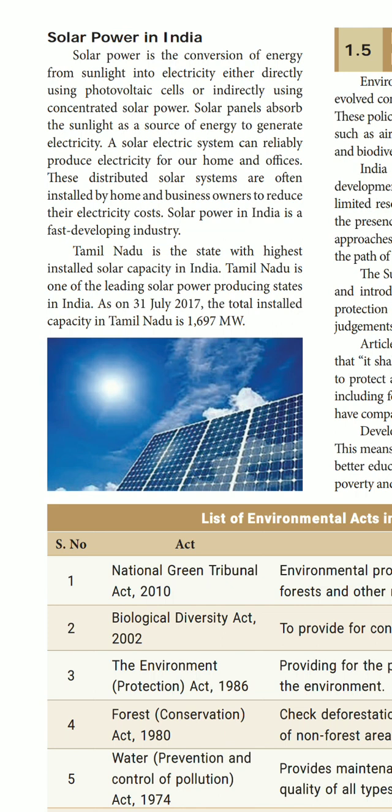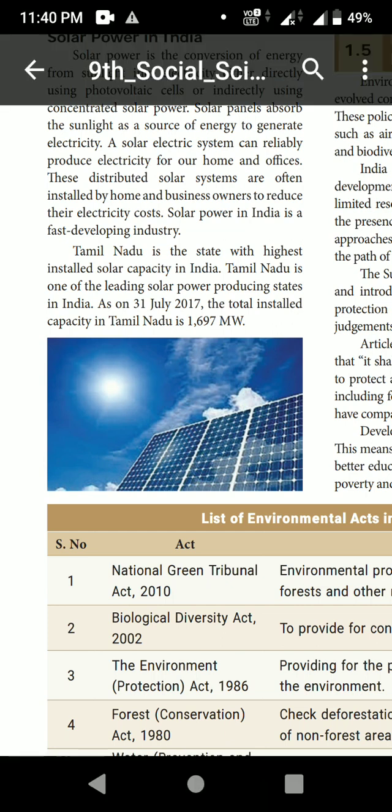A solar electric system can reliably produce electricity for our home and offices. Because of this, the electricity bill will be reduced. And in India, in Tamil Nadu, the capacity figure is as on 31st July 2017. Okay, today after this, I will give the next question and answer.